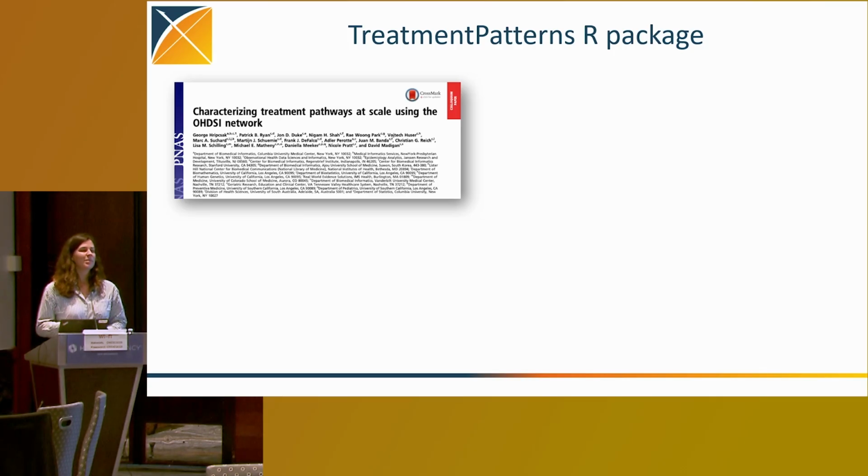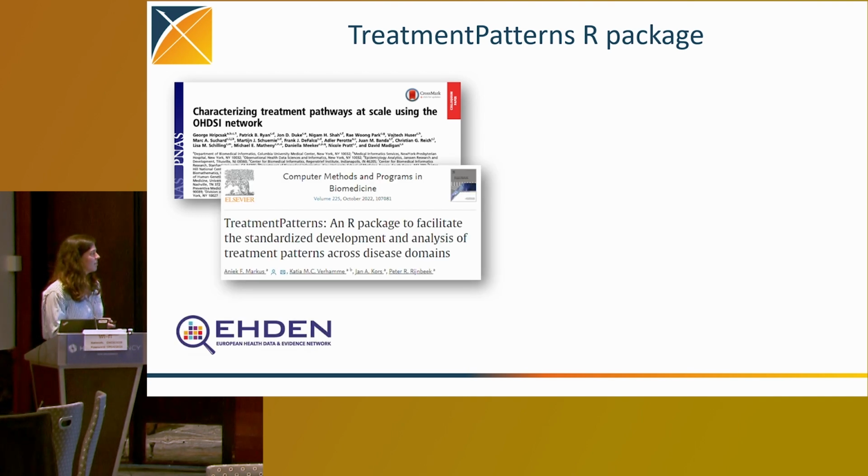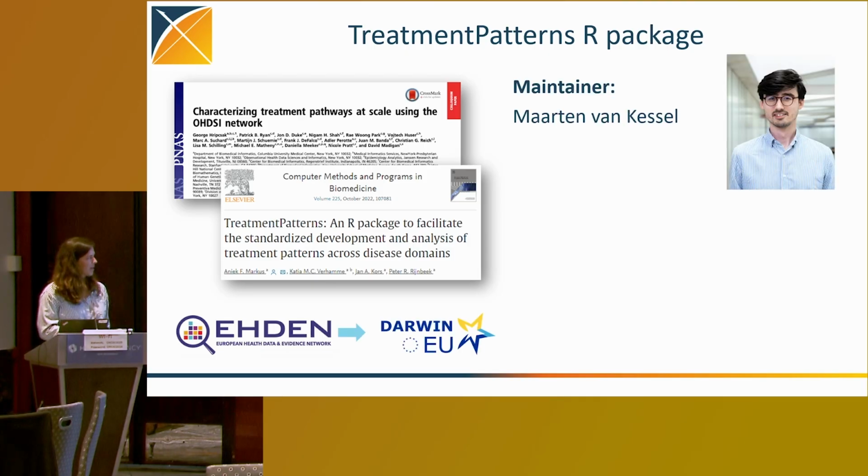But then also immediately the question comes up, how do we make such analysis scalable? And this is why, within the EHDEN project, I started developing the TreatmentPatterns package to be able to scale up this kind of study and also to make it reproducible. Because when trying to replicate a study with so many choices, it's really important to be clear on what happens. So that was the beginning of the TreatmentPatterns package.